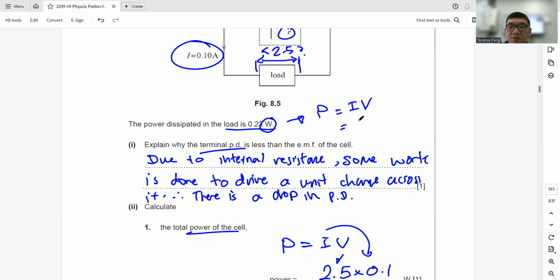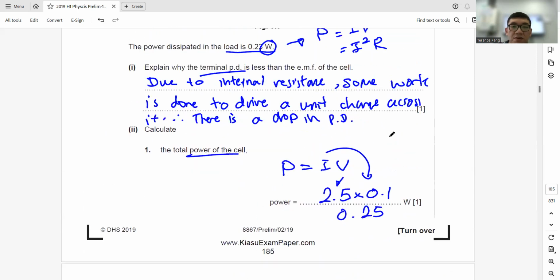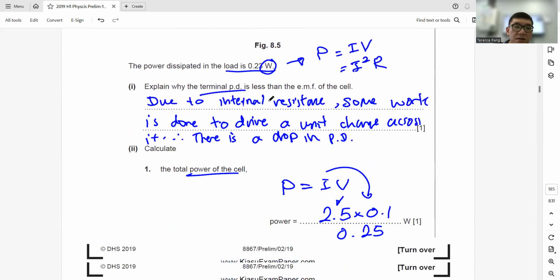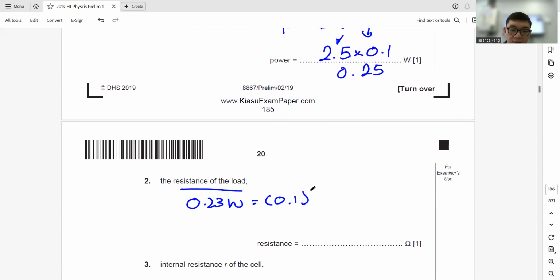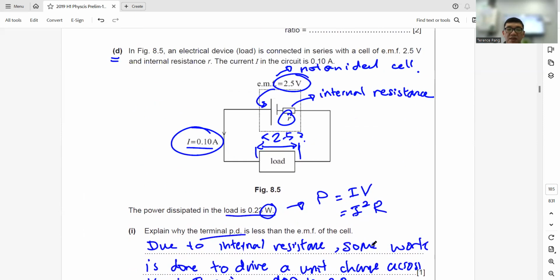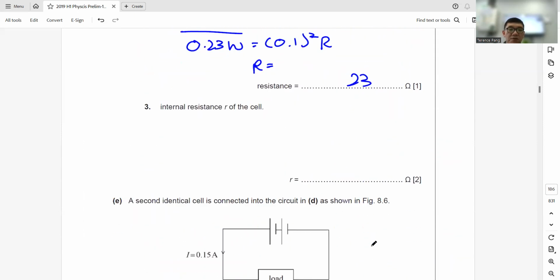We can, but since we are finding resistance and you're given I, you can use I squared R. So 0.23 watts equals I squared R. What is your R that you get in the end? 23 ohms. Once again, check for your SF. 2 SF is given, so your answers should be in 2 SF.